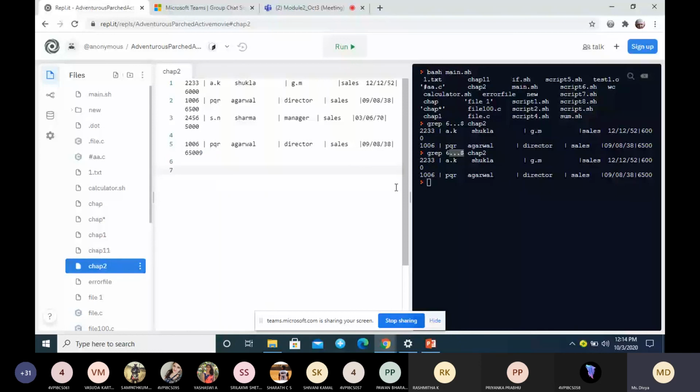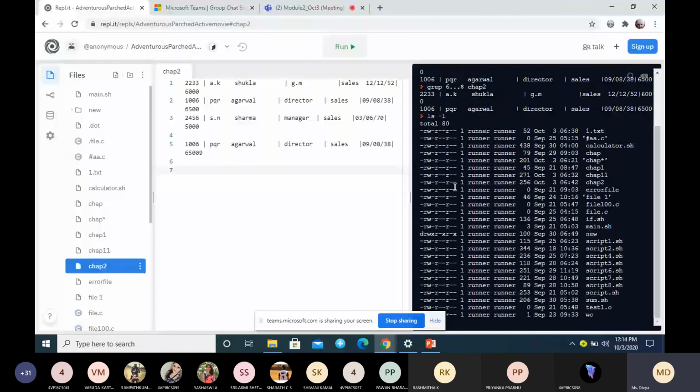Let me give one example of how we can use it along with a pipe. ls -l will list all the directories and files. A directory will begin with D, correct?